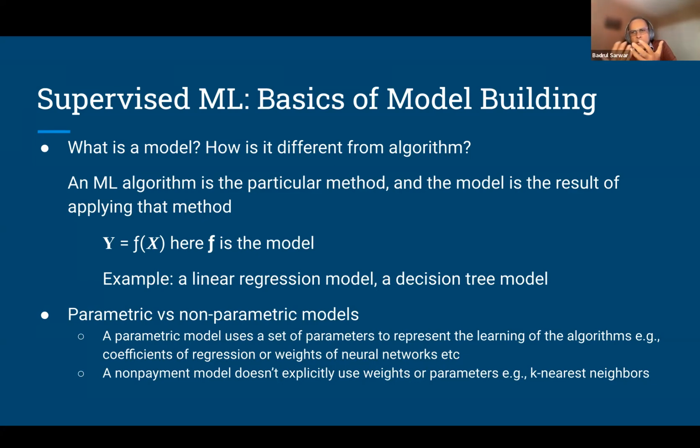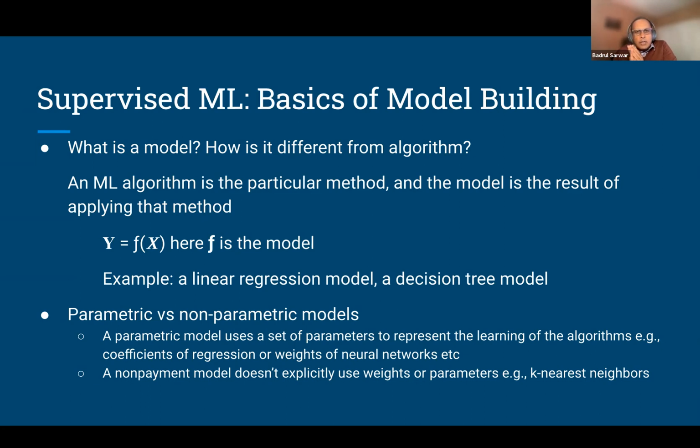So for the same given training data, you can fit it as a logistic regression model, a tree-based model, or a neural network model. The X and Y remain the same, but your F is changing. That F, or the functional relationship, is what we call the model. Okay?